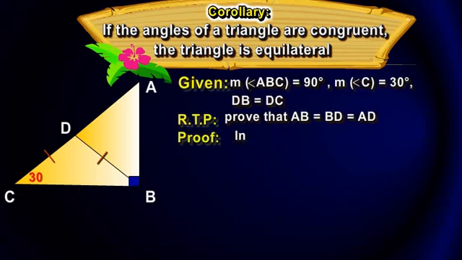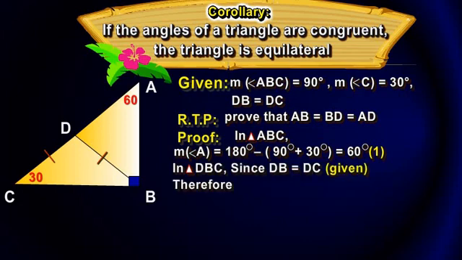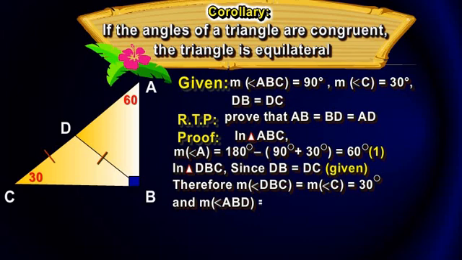In triangle ABC, measure of angle A equals 180 degrees minus (90 degrees plus 30 degrees) equals 60 degrees. In triangle DBC, since DB equals DC, given, therefore measure of angle DBC equals measure of angle C equals 30 degrees, and measure of angle ABD equals 90 degrees minus 30 degrees equals 60 degrees.